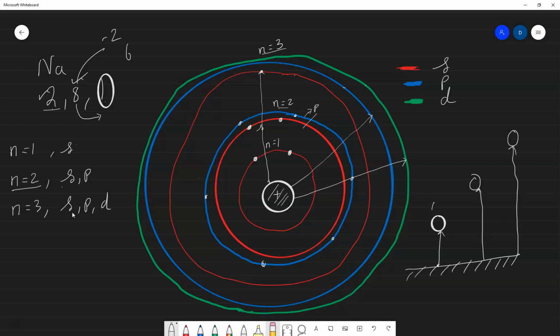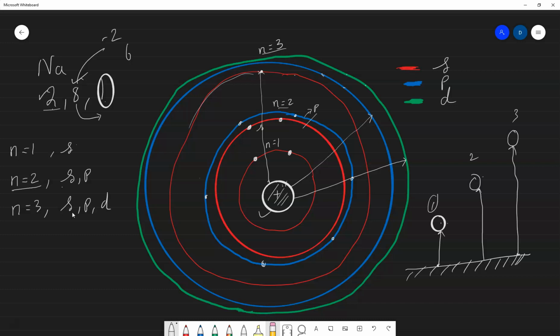Ball 1 has less potential energy than ball 2 and ball 3, because ball 3 is further away from the Earth's surface. Exactly the same logic applies here. The S subshell is near to the nucleus, so it has less energy. This circle has less energy, so the electron will try to fit there first. Once it is full, it will go to the next, that's the P subshell, because P is nearer to the nucleus than D.